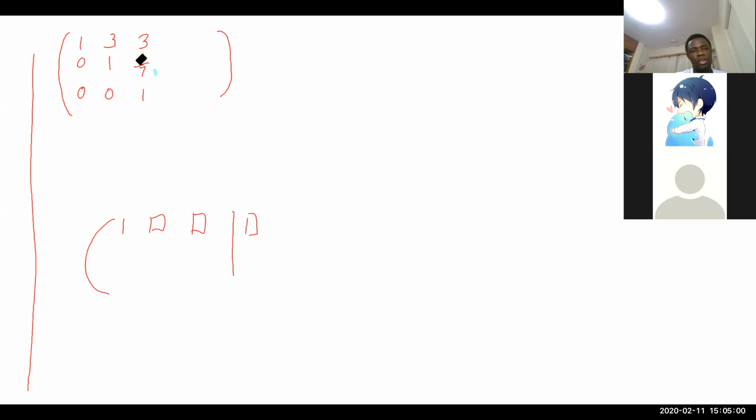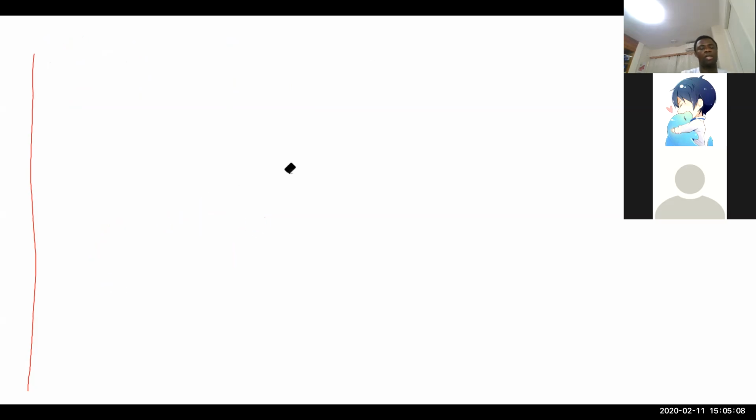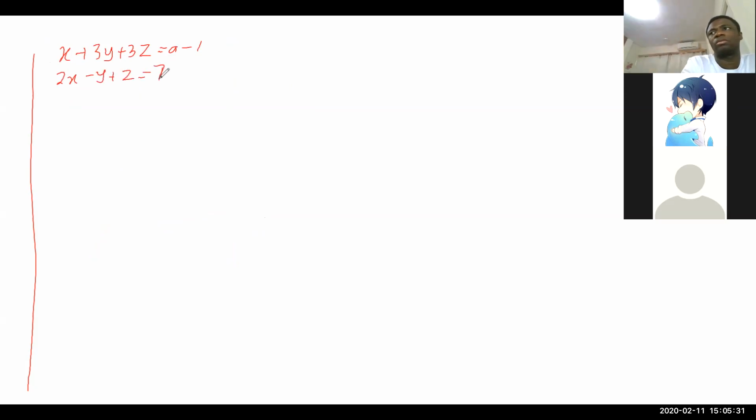Yeah. All right. So this is what we're going to do. Let's put the original problem in echelon form together and see where the problem comes. Okay. So the original question: x plus 3y plus 3z equals a minus 1, 2x minus y plus z equals 7, 3x minus 5y plus az equals 16.